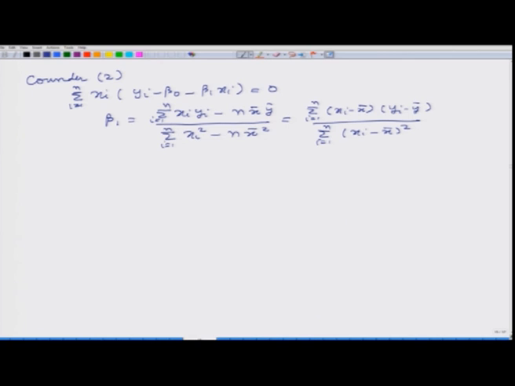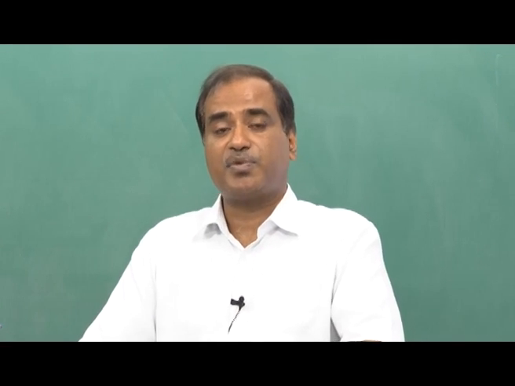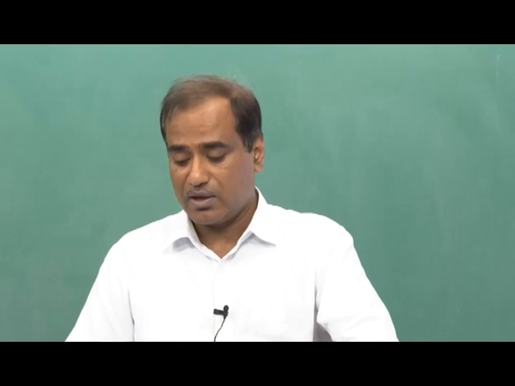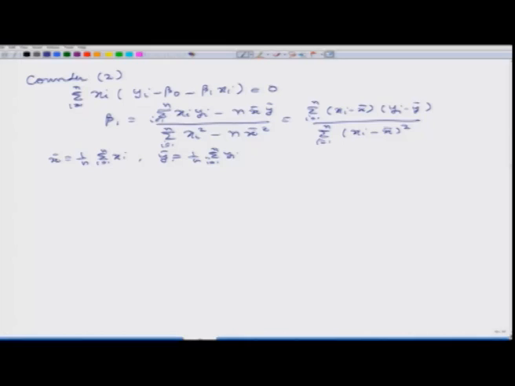Now, keep in mind that x bar and y bar are simply our sample means, whatever the observations we had obtained, based on that I can find out their sample means. So, x bar and y bar are known to us. Now, when we started our model y equal to beta 0 plus beta 1 x plus epsilon, in that model this beta 0 and beta 1 were unknown to us.